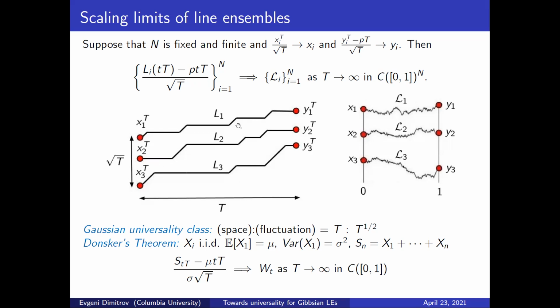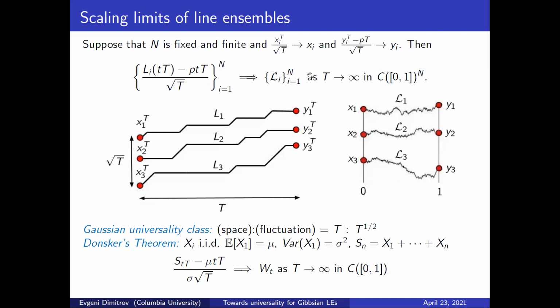It takes a little bit of time to realize, but essentially the only sensible thing to do is to rescale the starting locations of these lines by square root of t. Under the scaling, you need to have something either deterministic or random, some x_i's. Also the terminal points, the y's, under square root of t scaling need to converge to some either deterministic or random y's, except that maybe you need to subtract some global slope that you have in your model.